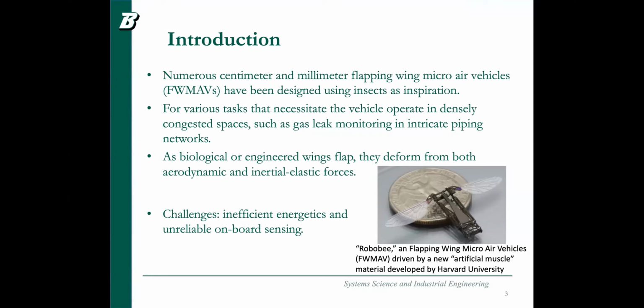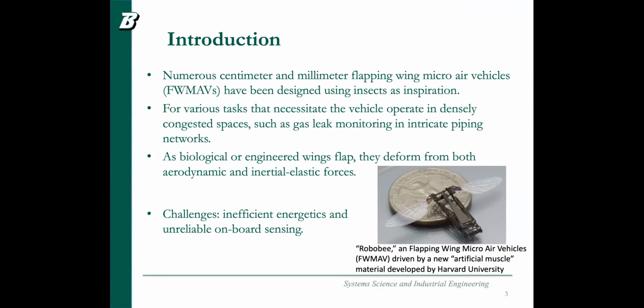So you can detect where the gas is leaking and do the monitoring. And also there are so many other applications for this kind of flapping wing micro air vehicles. That's why people spend a lot of time, money, and effort to develop such micro air vehicles.